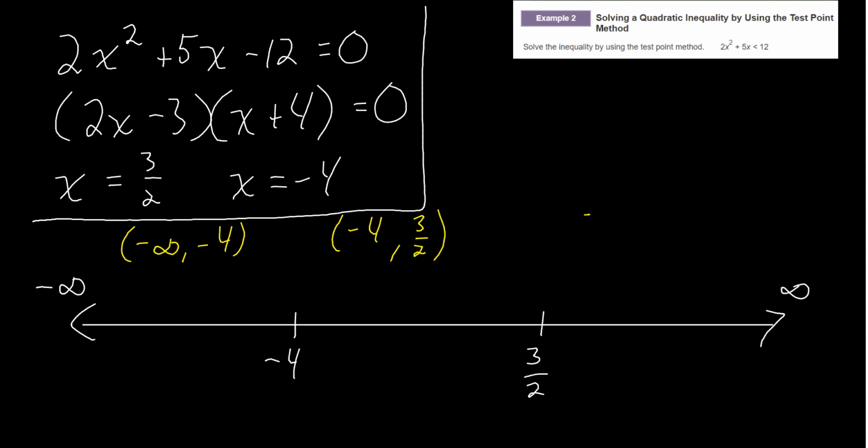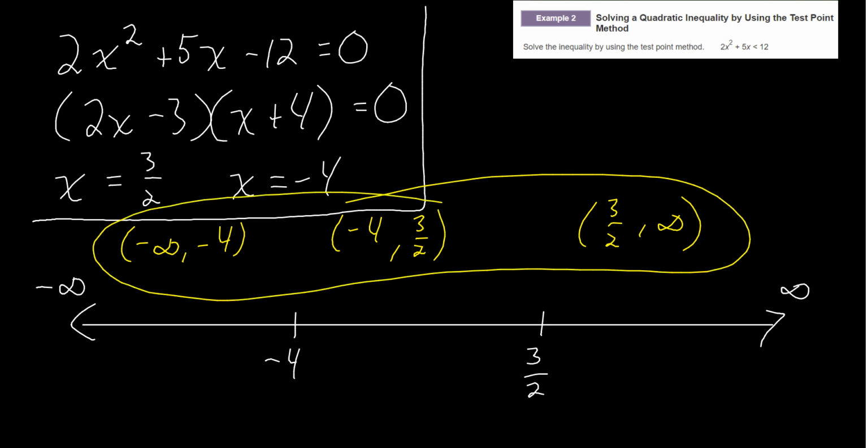And then this interval is from positive 3/2 to infinity. We marked off our intervals, and it's very important we do this because my solution to this inequality is going to be some form of these three intervals. We don't know just yet, but it's going to be some form of these three intervals.